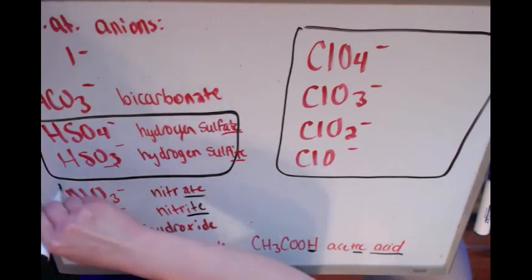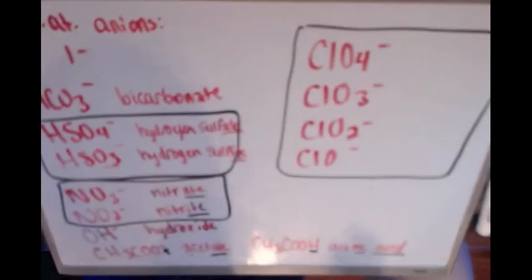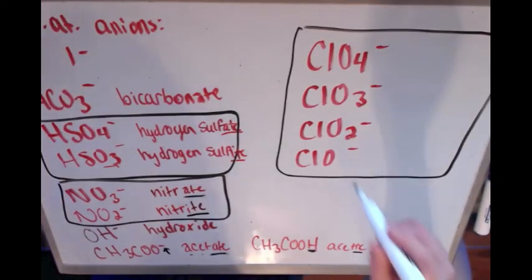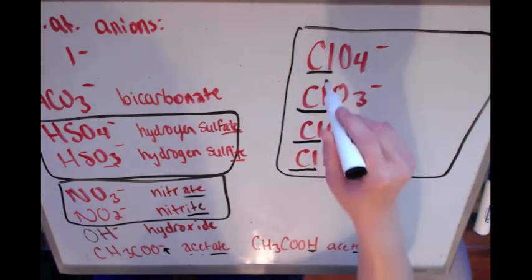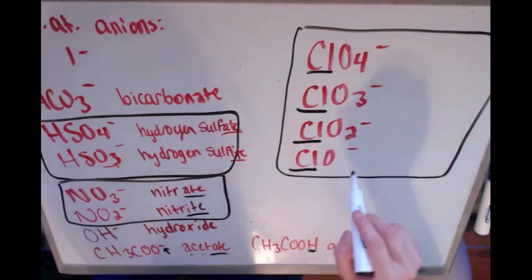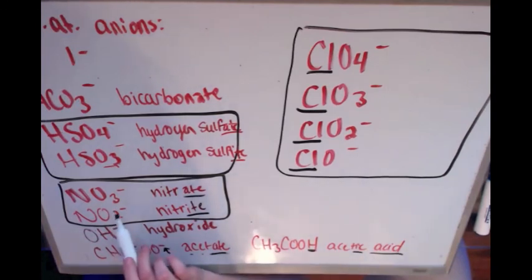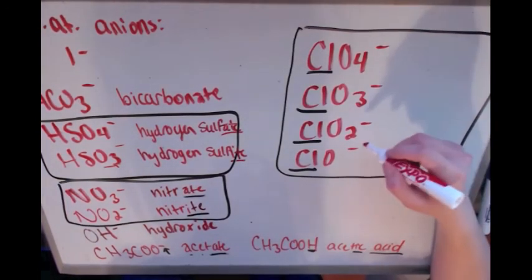Here we have a nitrogen containing oxyanion. And we'll get to the sulfur containing one when we get to the 2 minus charges. What I want you to realize is that here, the chlorine oxyanions, even though they have different numbers of oxygens, they still have the same 1 minus charge. The name changes based on the number of oxygens.